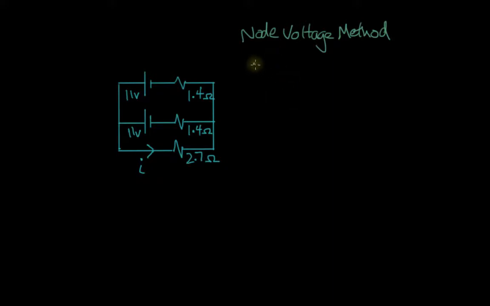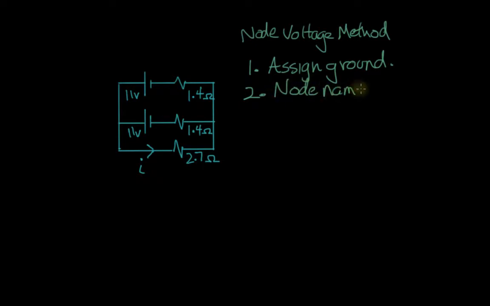So let me list out the steps of the node voltage method. First is assign ground. And that's the same thing as saying assign a reference node. Second thing is to assign node names. Step 3 of the node voltage method is to solve any easy nodes.